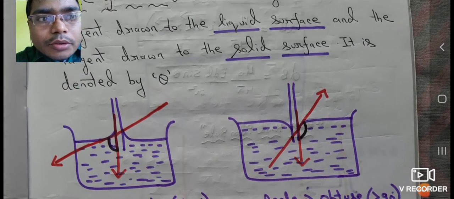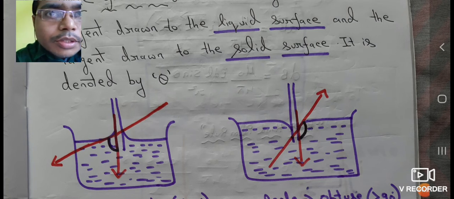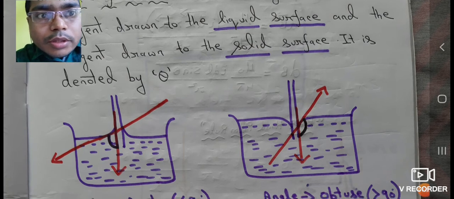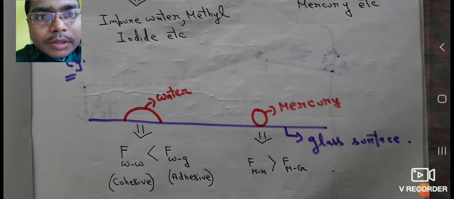I think this is clear to all of you. The very important part is how to draw the tangent. While drawing the tangent to the liquid surface, the direction must be away from the solid surface, and while drawing the tangent to the solid surface, the direction must be towards the liquid. Here you can see the example: if you pour a water drop and a mercury drop, which will wet the glass surface?